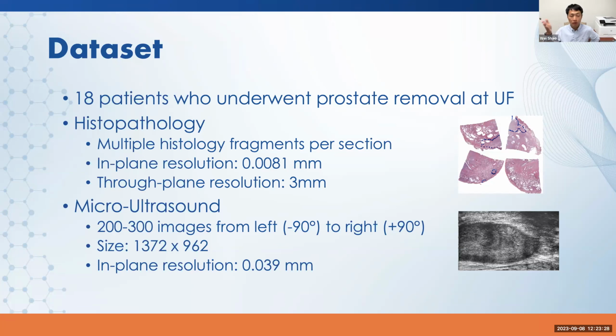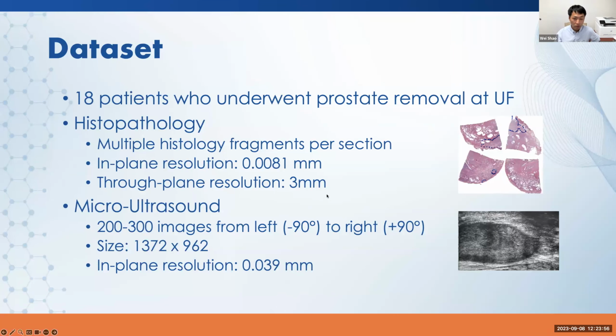We cut the prostate section into several small fragments and mount each of them onto a glass slide. And therefore, you have multiple histopathology fragments for each section. The in-plane resolution of the histopathology image is really high. We have a 0.0081 millimeter in-plane resolution, isotropic. And the distance between two adjacent histopathology slices is 3 millimeters.